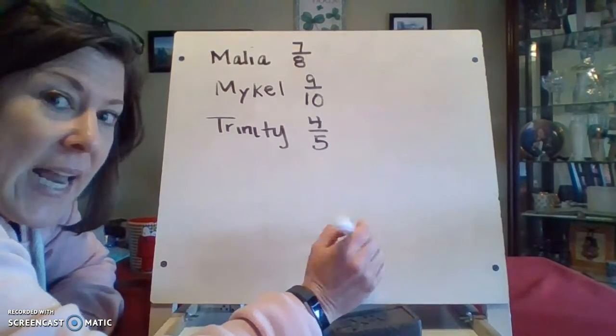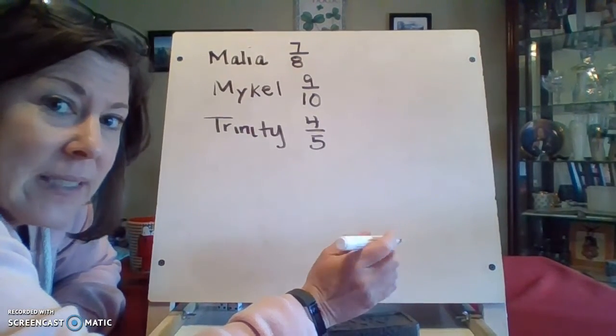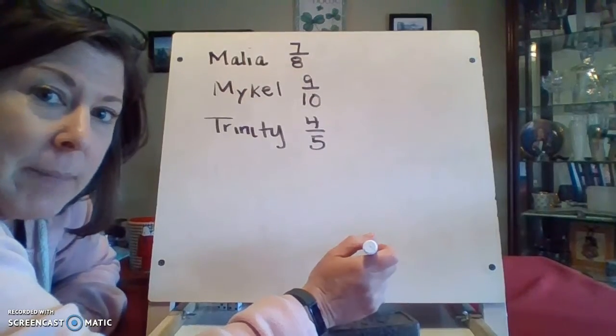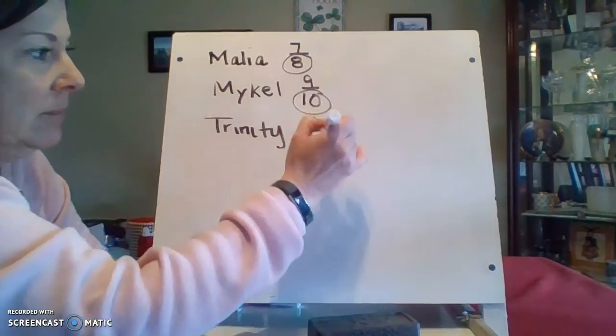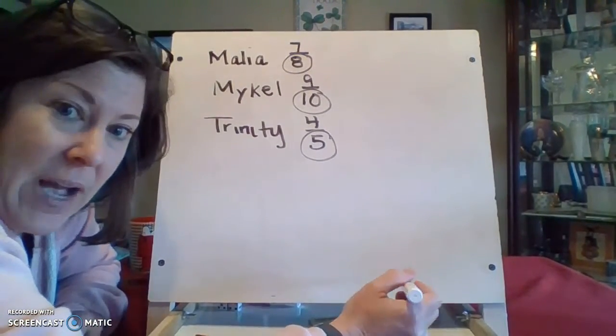And Trinity ate 4/5 of her bag. By the way, that's a lot of cookies, girls. So I have to think about a common denominator for 8, 10, and 5.